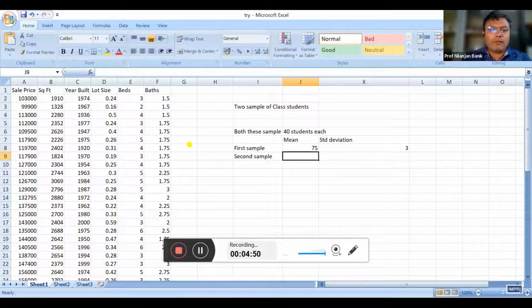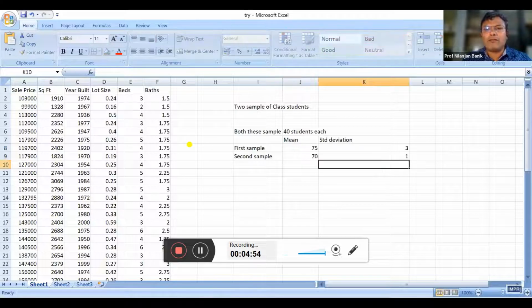In the second sample, we were getting a mean of 70, but the standard deviation was less, right? So we wanted to understand which one of these samples is actually doing a better job. Are you guys remembering? That's where we started.